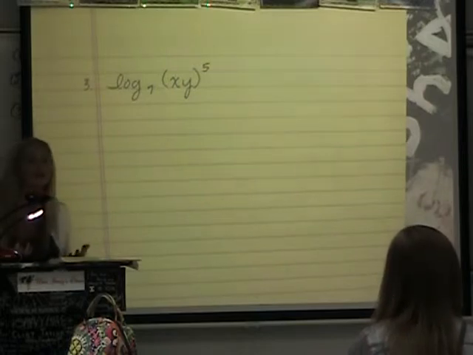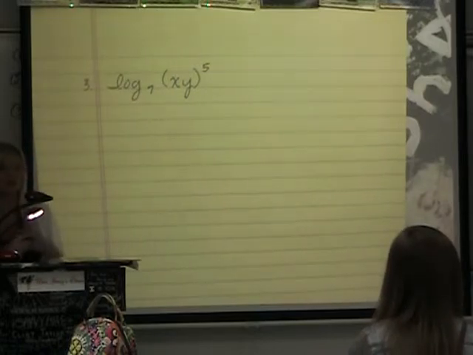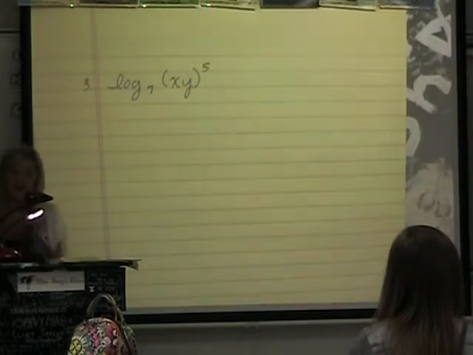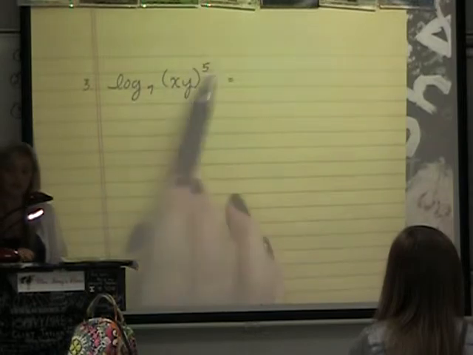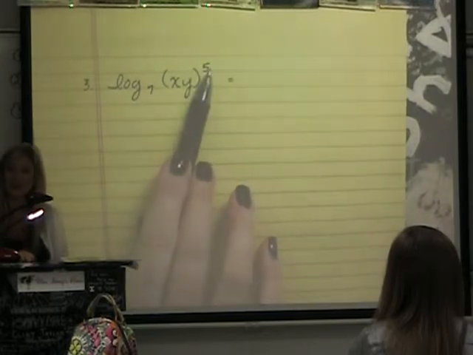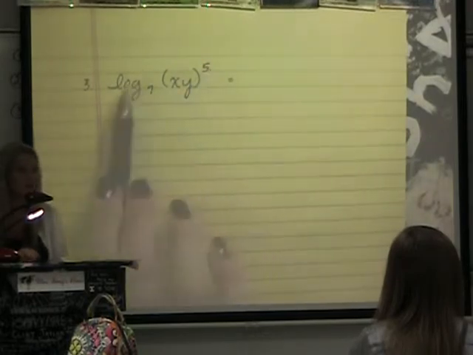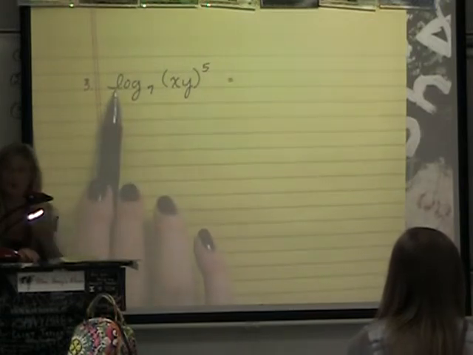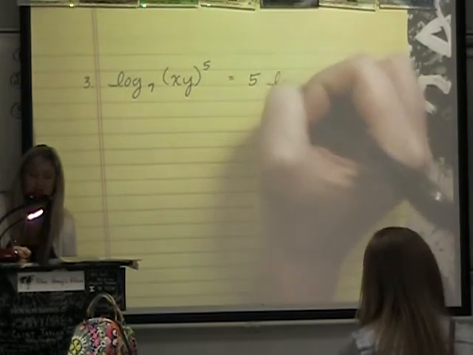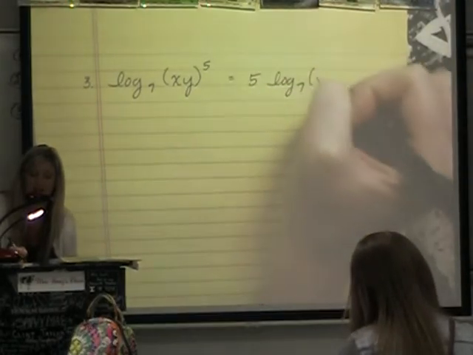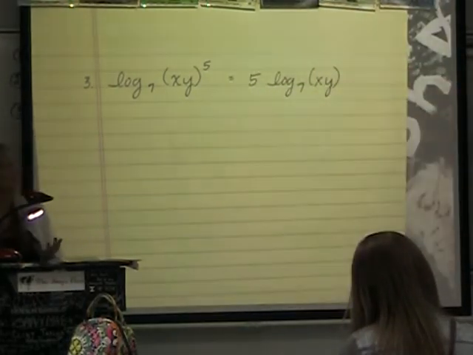Now you actually have a couple of options here on how you would proceed. One way to think of it is you could go ahead and use property number 5 and pull the 5 down first. That's one option. If you do it that way, you have 5 times log base 7 of x y, and then you expand it from multiplication to addition.